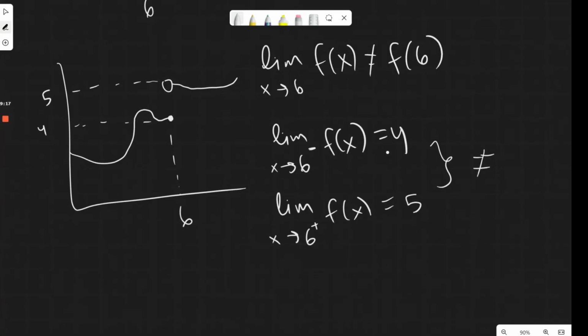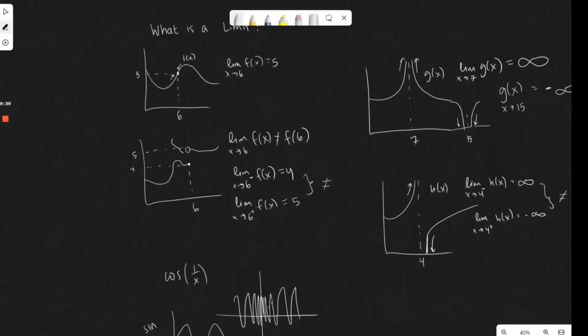This would be the one-sided limit at 4, and this would be another one-sided limit except from the right side, the other side. So if they ask you for a one-sided limit, it's just whatever the function is approaching from that side. So you can have a scenario where a one-sided limit exists, but the limit at that point does not exist, so you just have to be really careful with the wording of the question.